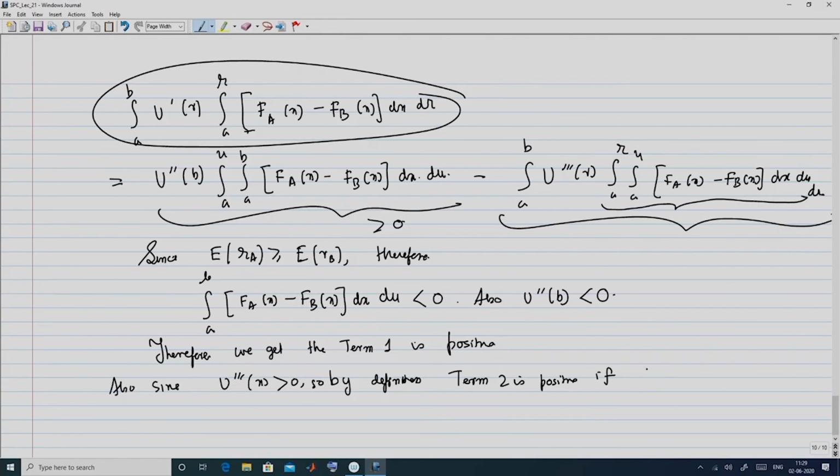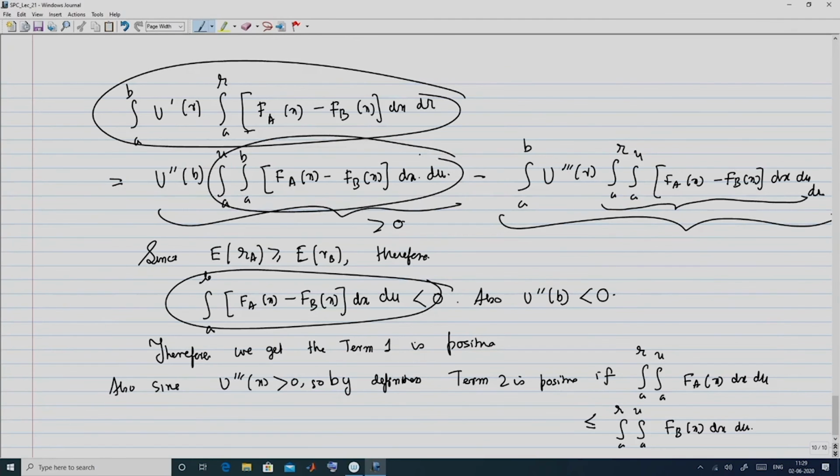So, that means that if integral A to r integral A to u f A of x dx du is less than or equal to integral A to r integral A to u of f B of x dx du, then it is automatically obtained that this is less than 0.